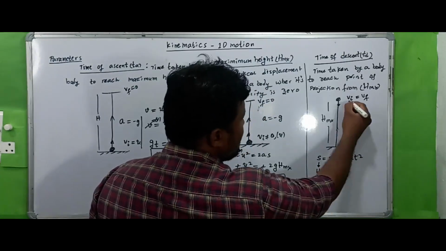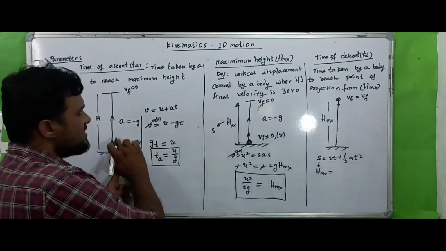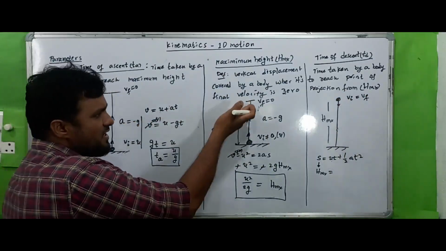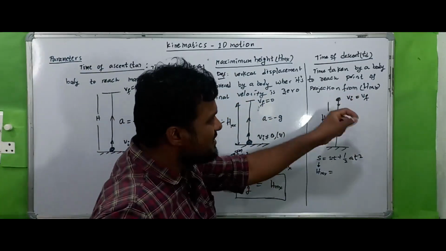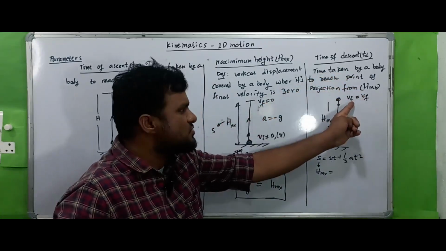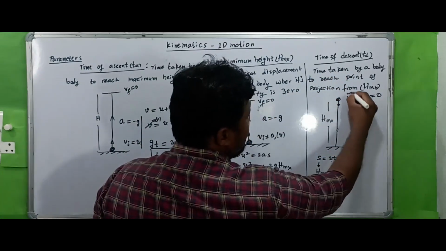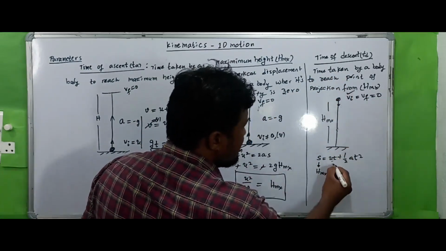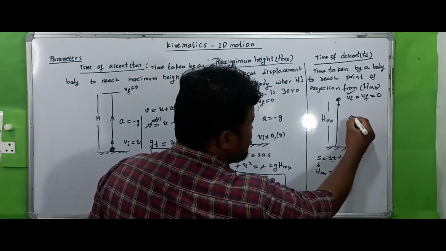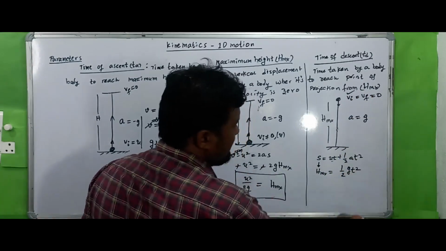Now it is the freely falling condition, motion under free fall. So the initial velocity becomes 0 and this term becomes 0. While it is coming downward, acceleration due to gravity is plus g, half g t square.